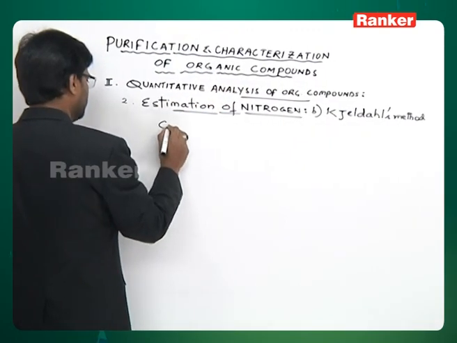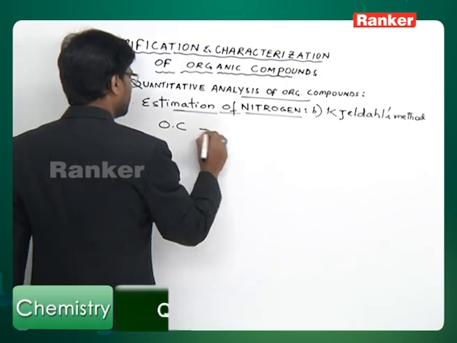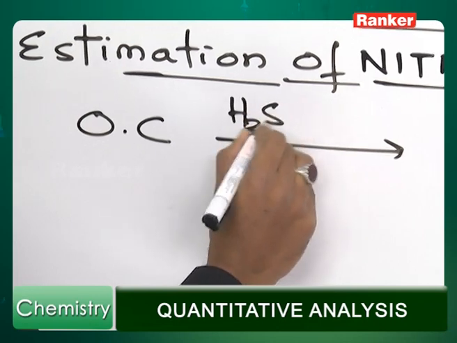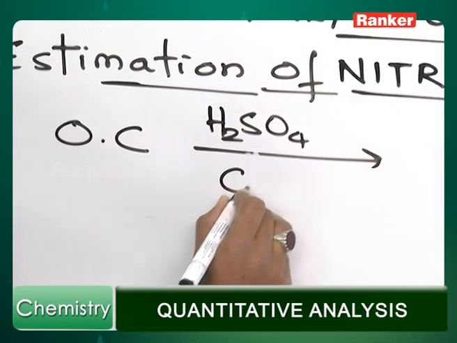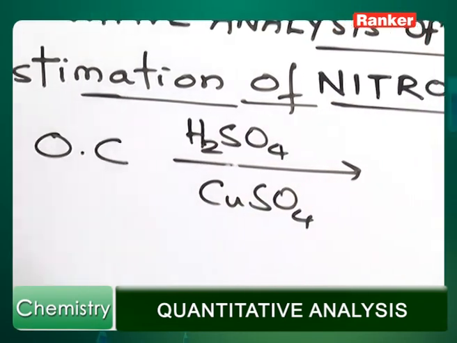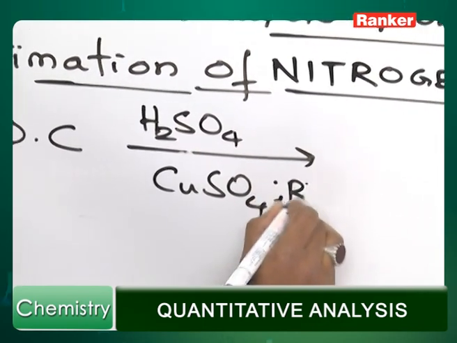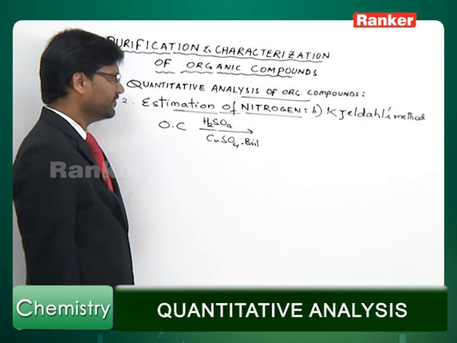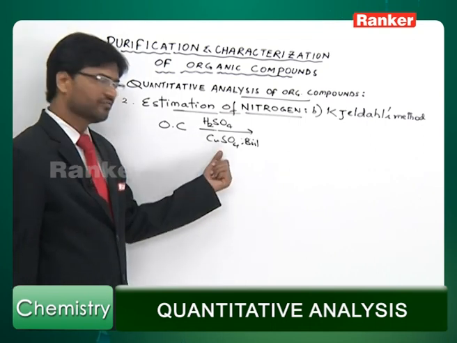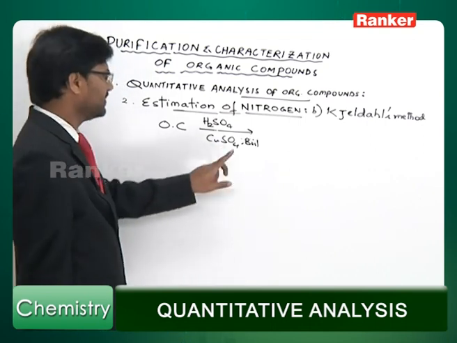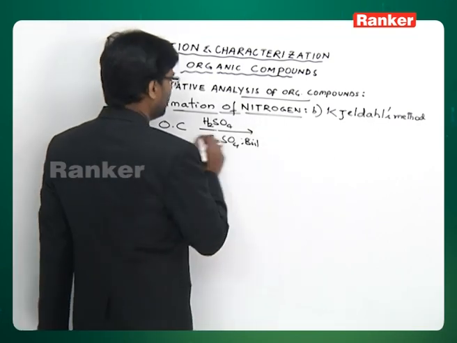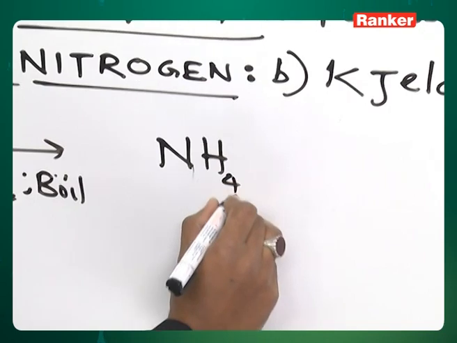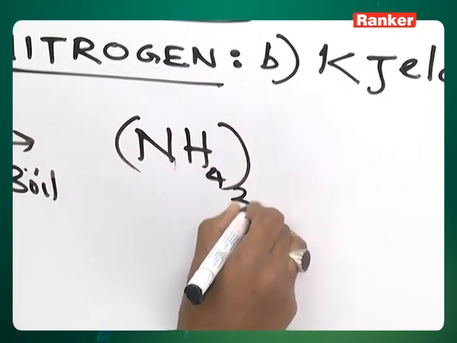Here we heat the organic compound in presence of concentrated sulfuric acid and a little copper sulfate, which acts as a catalyst. Boil the organic compound with concentrated sulfuric acid in presence of a small amount of copper sulfate, which acts as a catalyst. Then all the nitrogen present in the organic compound will transform into ammonium sulfate.